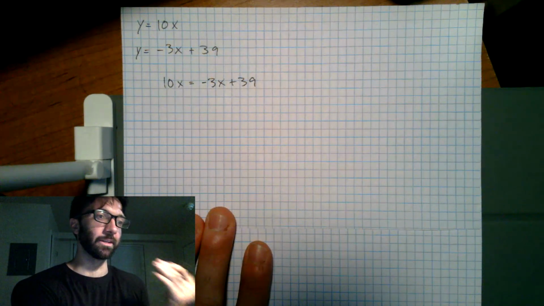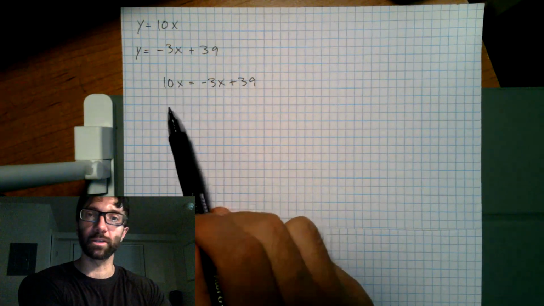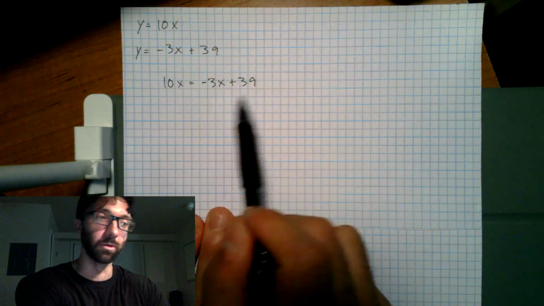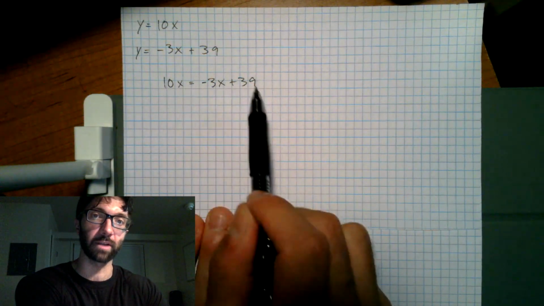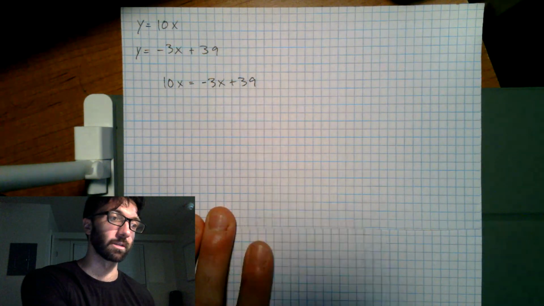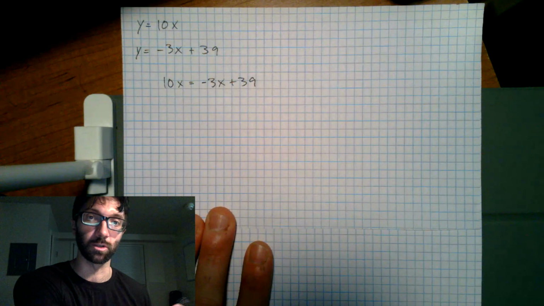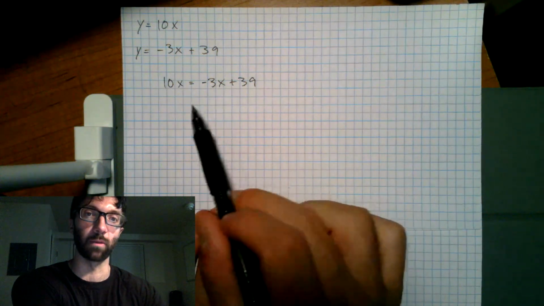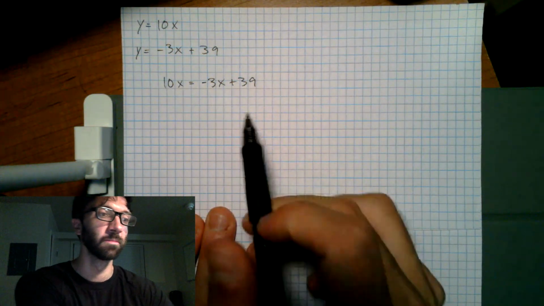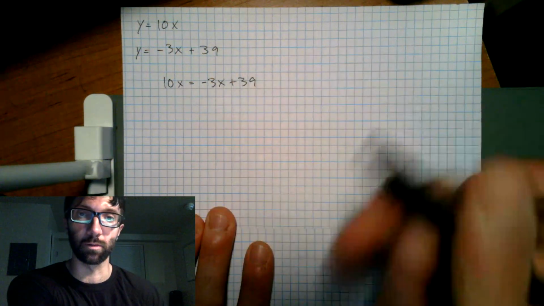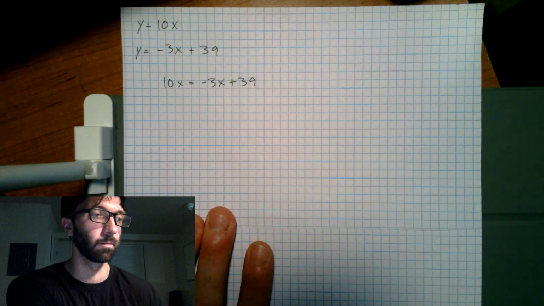And what that does is this gives us an equation that is now in one variable. Notice how we're only dealing with x terms now, and there's no more y terms. And the reason this is significant is because we can actually solve this equation for an actual number. We can solve this for x, and we'll see what x equals. So to solve this for x, I need to get x on one side and by itself, right?